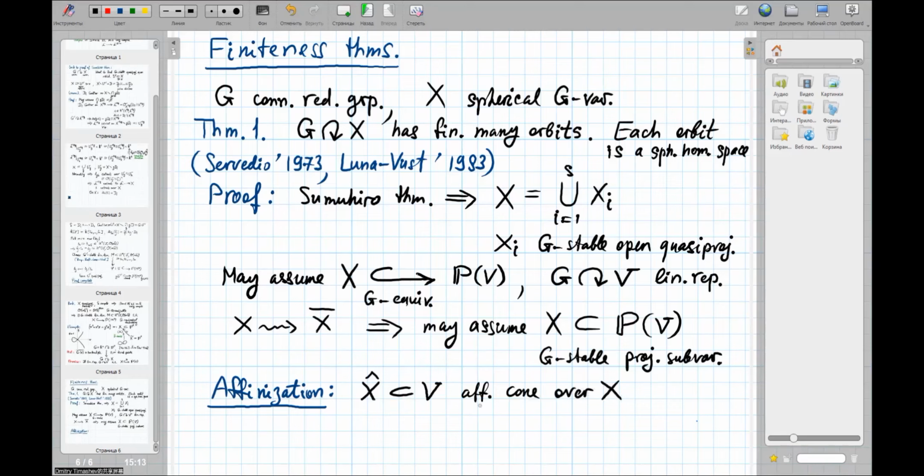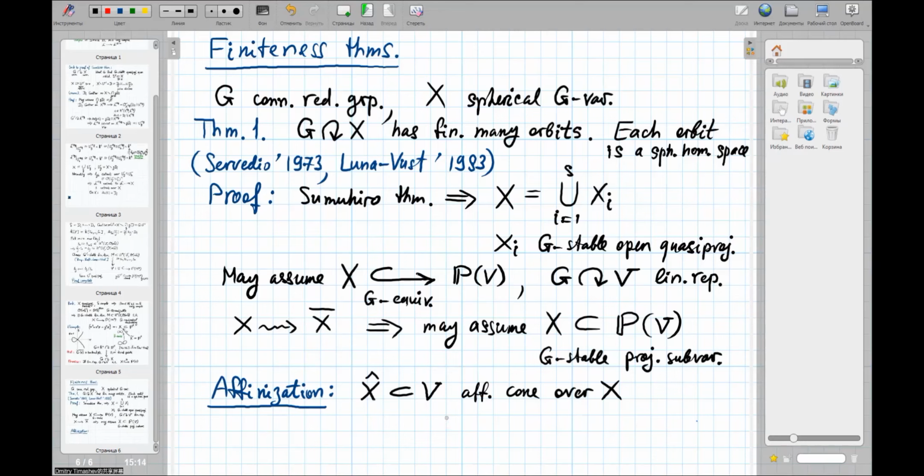So the technique we use is that if we prove the finiteness of the orbits on the closure of X, then we prove the finiteness of orbits on X, right? Yeah, sure. We reduce the proof to some special case. These are just steps of the reduction. So now we want to reduce to the case where X is affine.